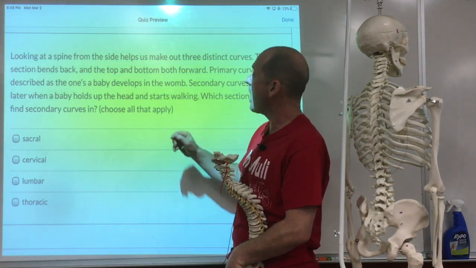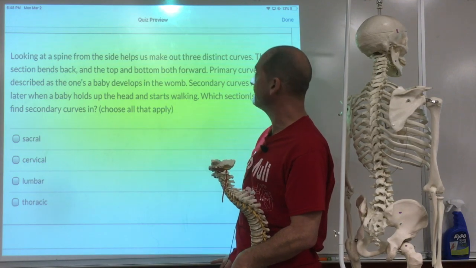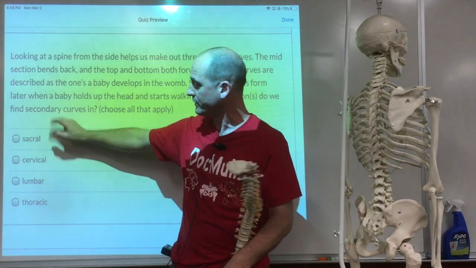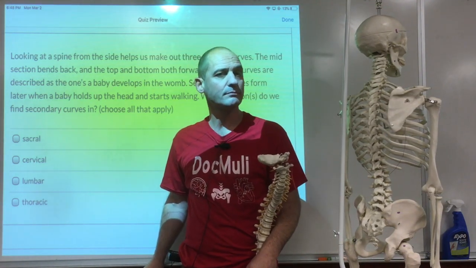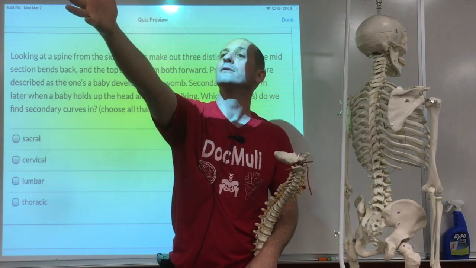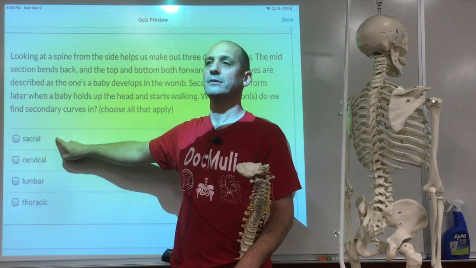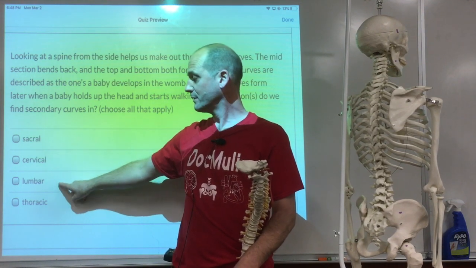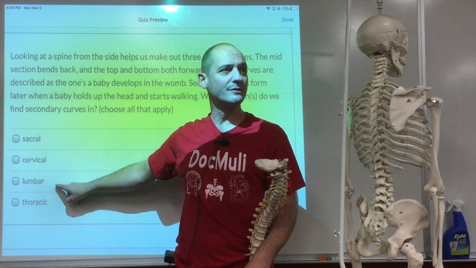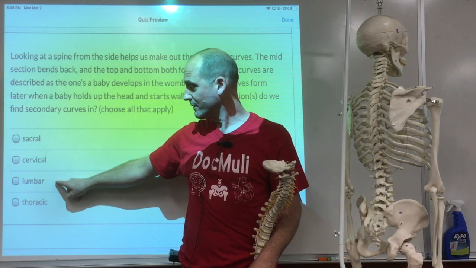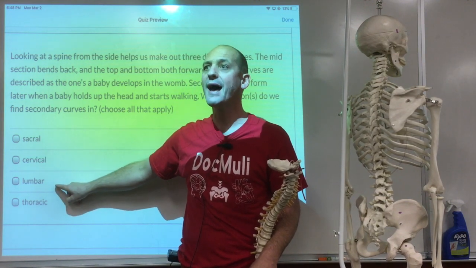All right, choose all that apply. Secondary curves. What are the secondary curves? Anybody over here? Is it the sacral curve or secondary curve? Which ones? Cervical and what? And lumbar.